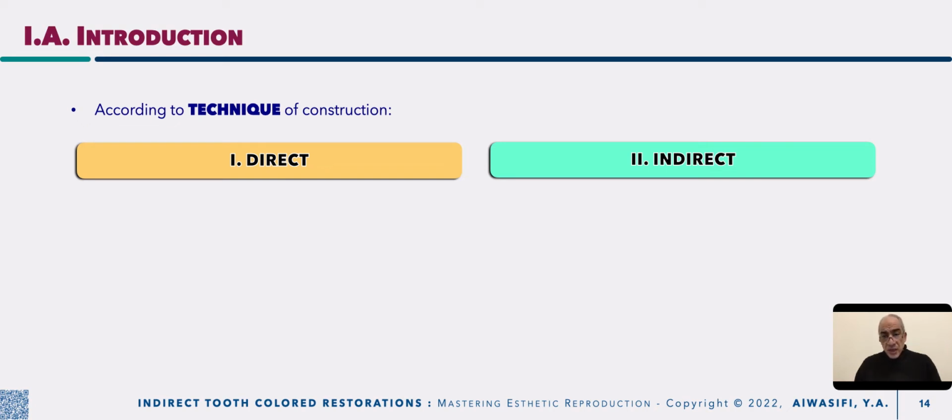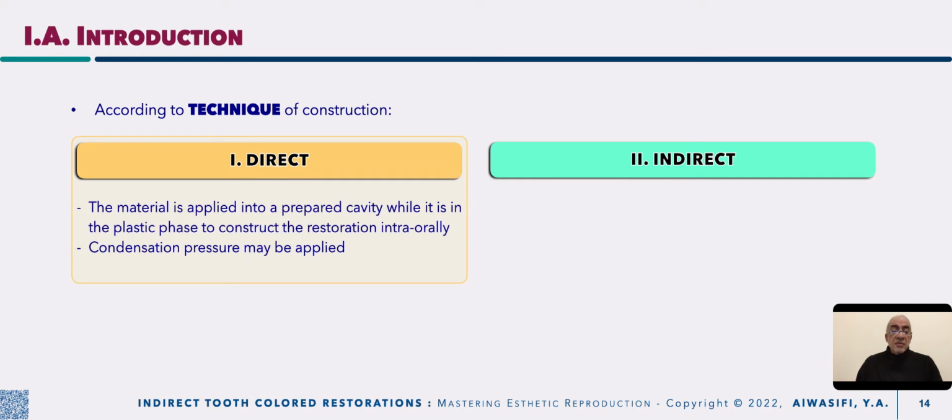Direct restorations, as discussed many times in previous episodes, are restorations where the material is applied into a prepared cavity intraorally while it is in its plastic phase for a limited working time that allows its manipulation intraorally, and condensation intraorally, sometimes under force, like that of amalgam.